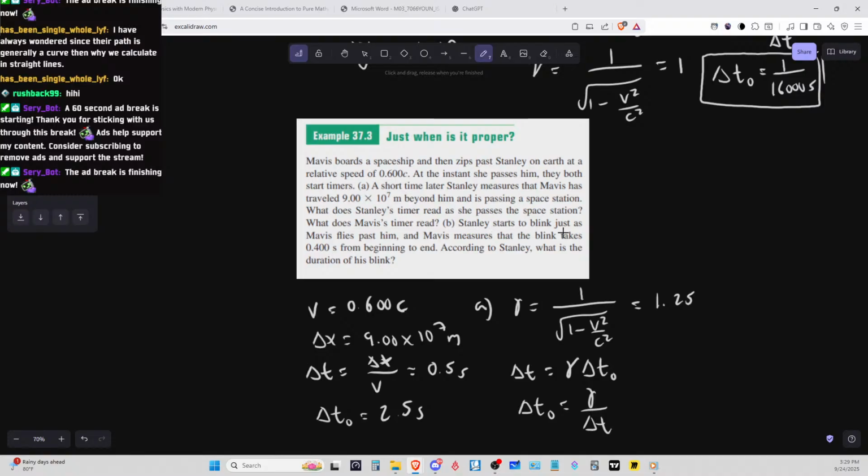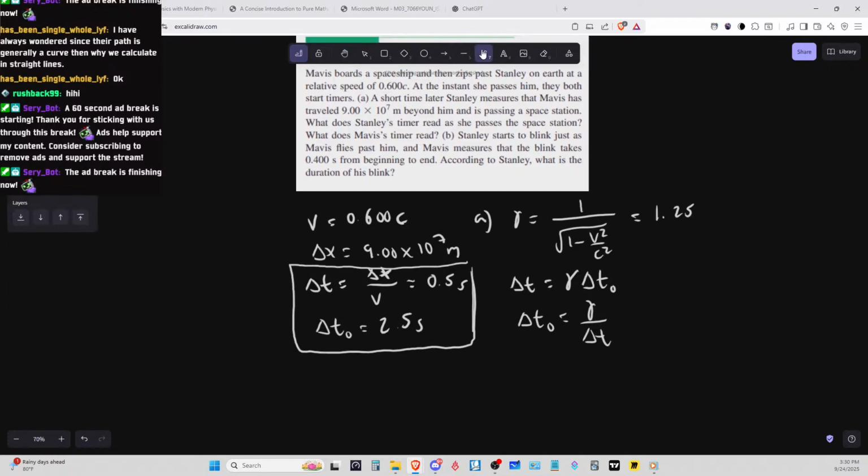Stanley starts to blink just as Mavis flies past him, and Mavis measures the blink takes... Okay, so let me just do that, and then for B. So Stanley blinks, so the time she reads is from the beginning to the end.